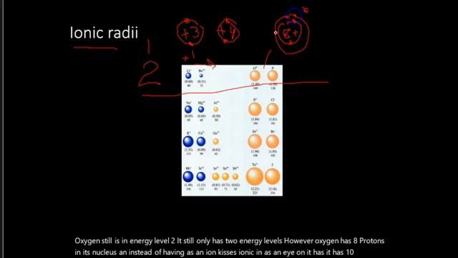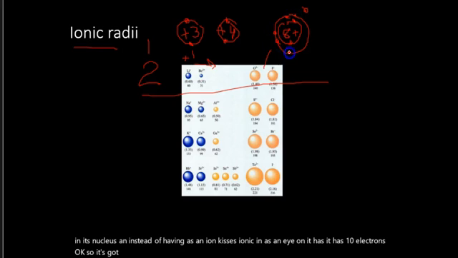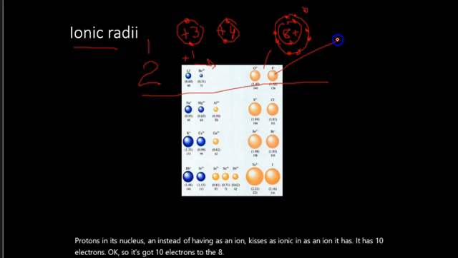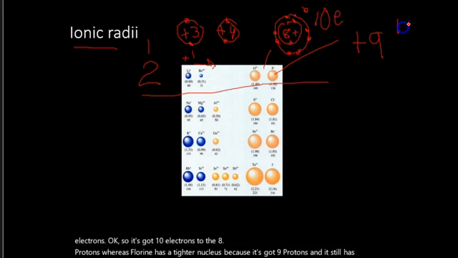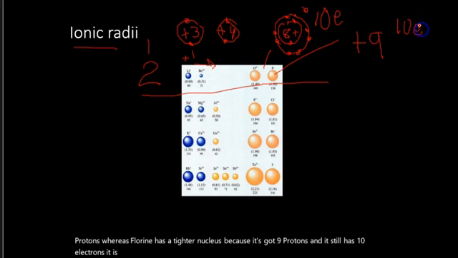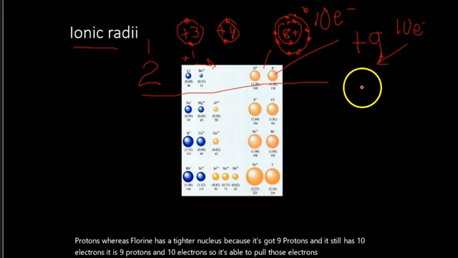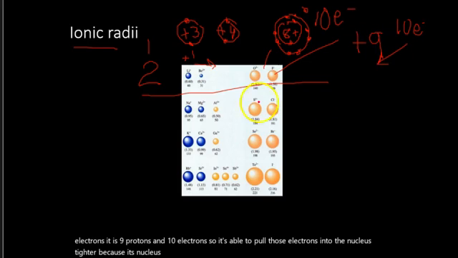So it's got 10 electrons to the 8 protons, whereas fluorine has a tighter nucleus because it's got 9 protons and it still has 10 electrons. It has 9 protons and 10 electrons, so it's able to pull those electrons in tighter because its nucleus has 1 more proton in it.